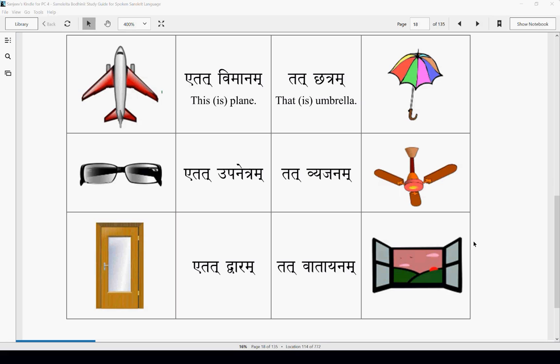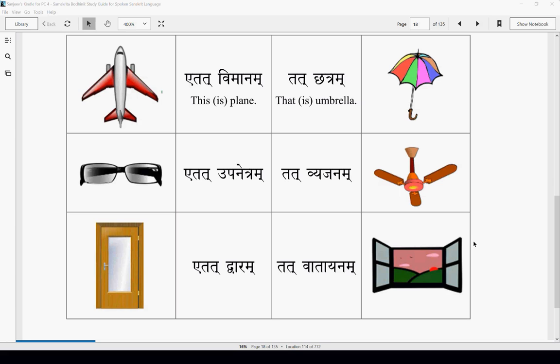So the lingam, the gender, is associated with the word. It indicates the gender of the word and will not indicate the gender of the object itself. But in case of animals, including human beings, the gender of the object is mostly the gender of the word.